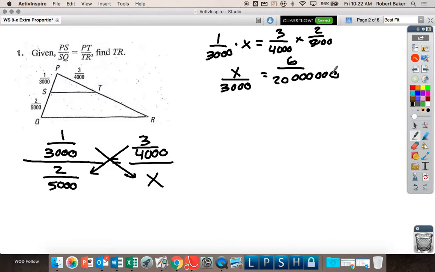Number sense, guys. 4 times 5 is 20. If you have 3 zeros and 3 zeros, that makes 6 zeros. 20 million. It's a big number.